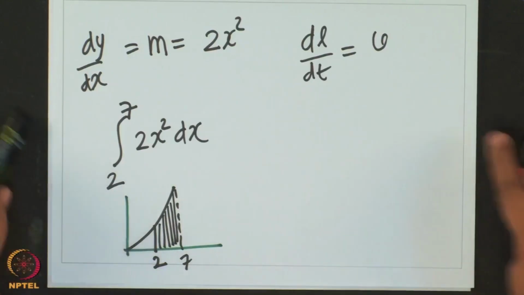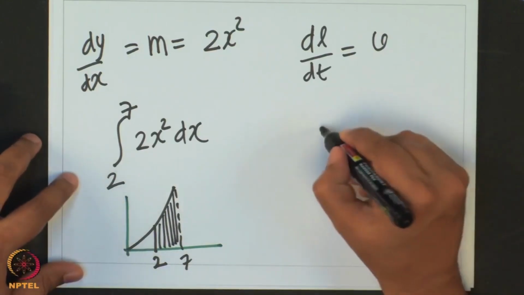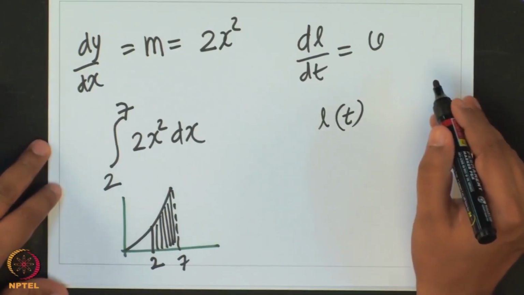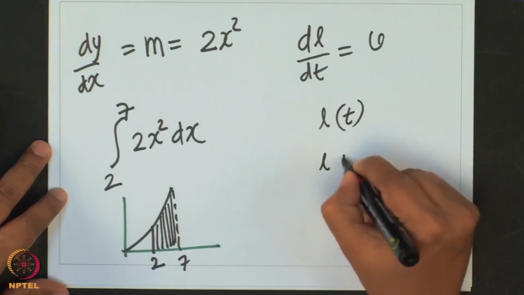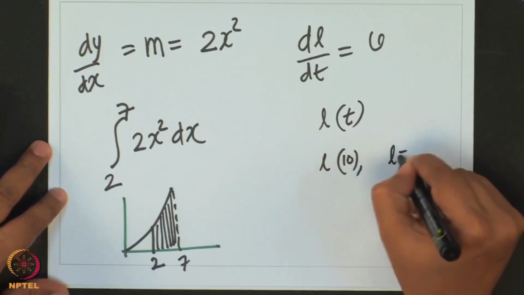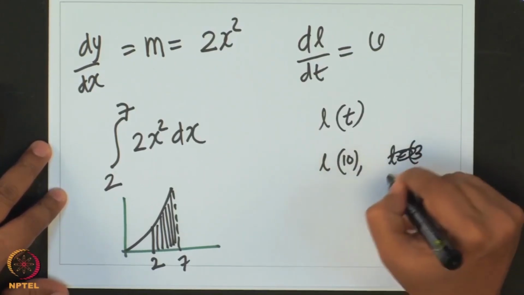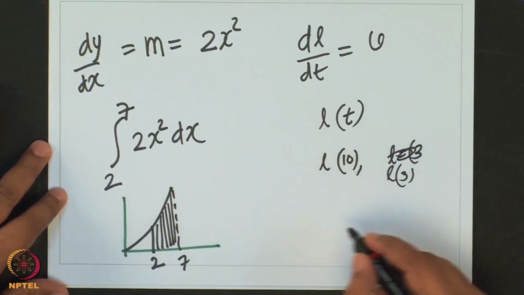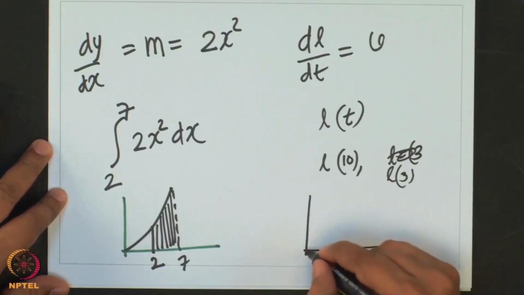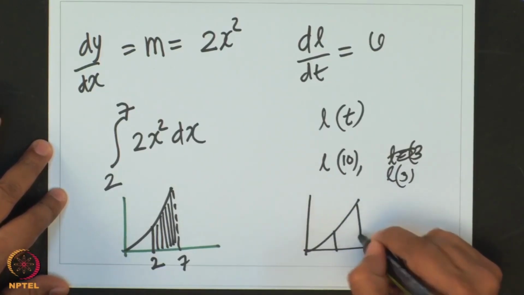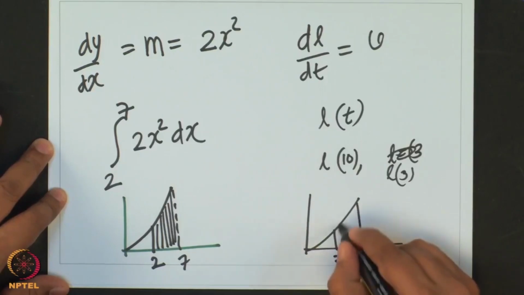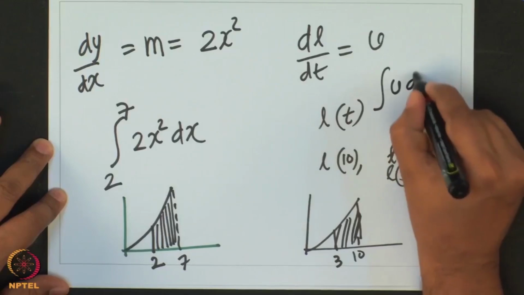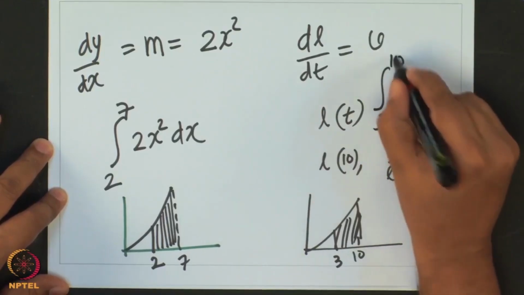Similarly, if you want to calculate the length, we could calculate length as a function of time. If you want to know what the length is at 10 minutes given the length at 3, we would basically calculate the area between 3 and 10. So this is 3 and 10, and this would be the integral of velocity v dt from 3 to 10.